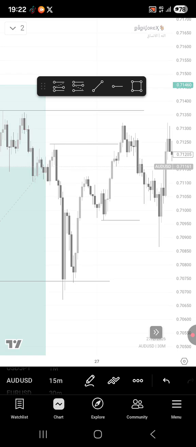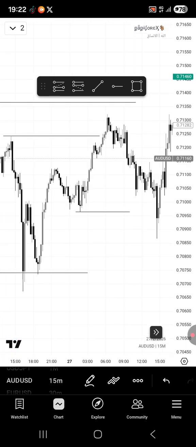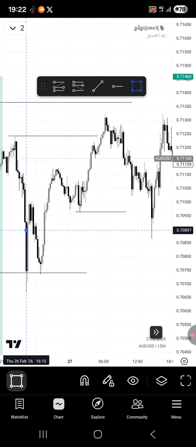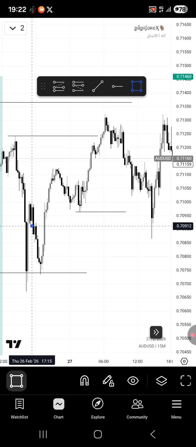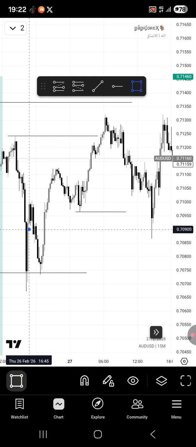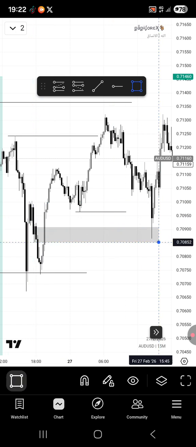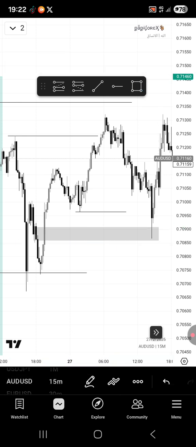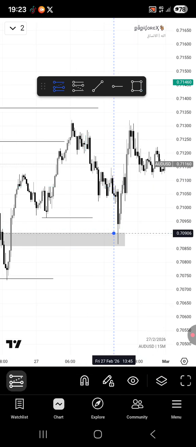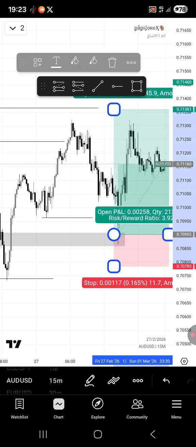Then I can see this breaker here. So I took it from this level, from this place. That's where I took it from. Then along from here to my drawn liquidity.